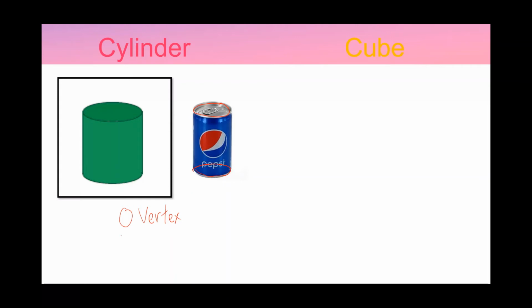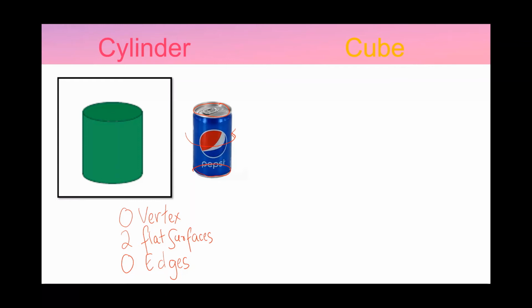It has 2 flat surfaces. Any edges over here? Any straight lines? No. Zero edges. Okay. Do you understand about the cylinder? What looks like a cylinder?